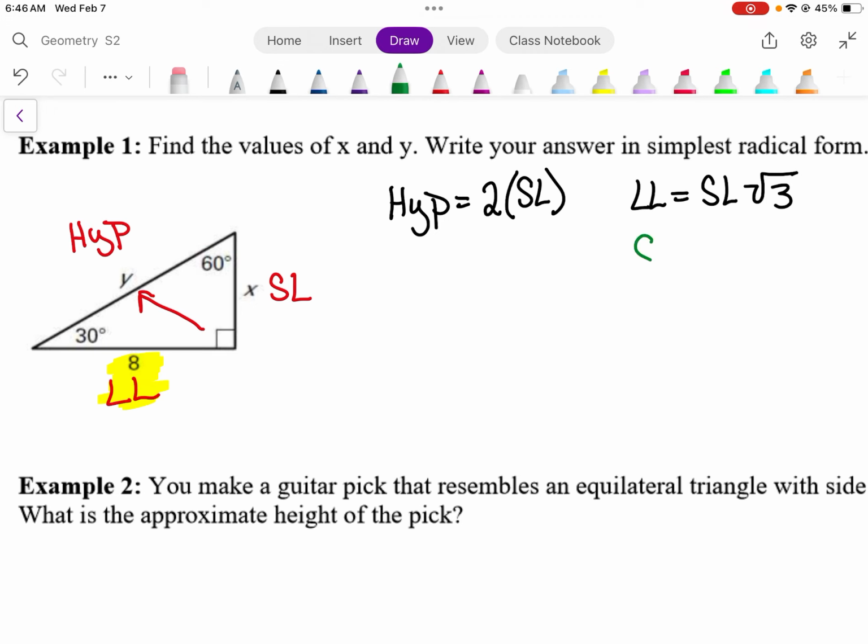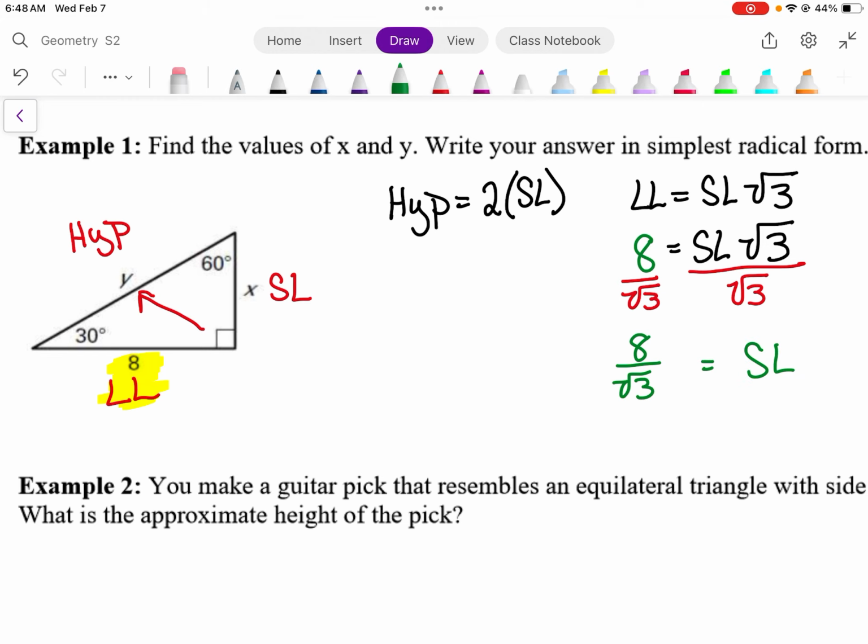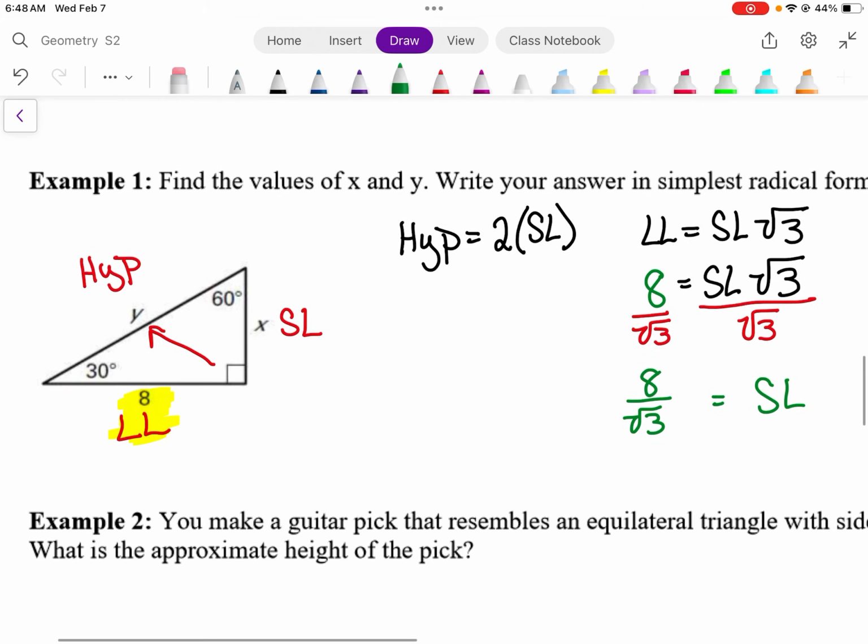Our long leg is 8, and that's going to be equal to the short leg times the square root of 3. And our goal, we need to figure out what the short leg is equal to. So we're going to divide both of these by the square root of 3. And in the beginning few problems, we went over how we cannot have a square root in the denominator.